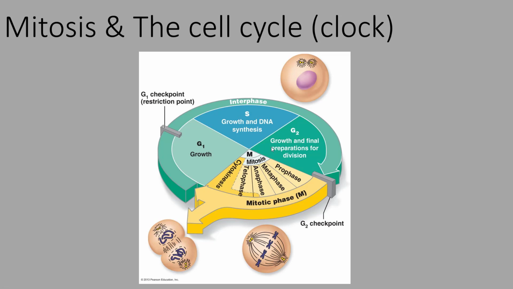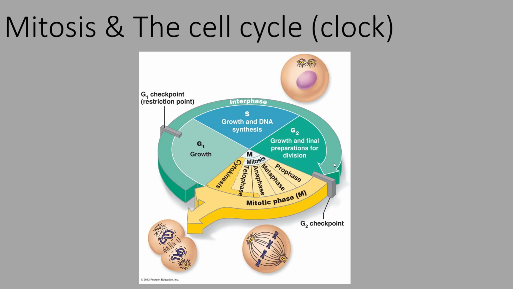Now, most of the cells in our body are not dividing. We don't need them to divide. So most of the cells in your body are not in mitosis. Instead, they're in this area right here called interphase. And we don't need cells to divide unless we are either actively growing or if we are fixing some sort of damage.